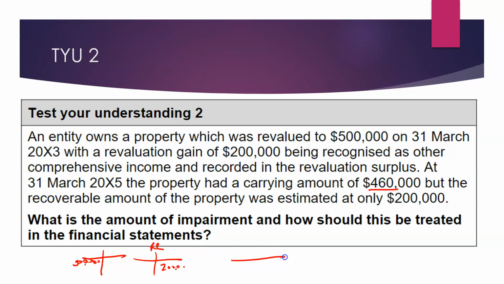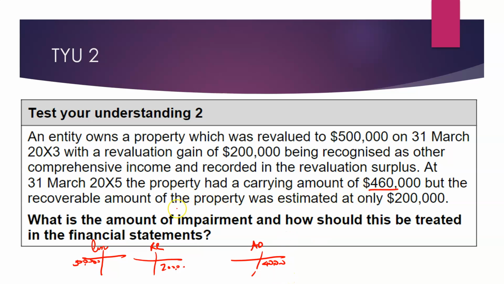So that means that so far it has accumulated depreciation of 40 grand over these 2 years. All I just need to know, I'm satisfied that at a cost of 500,000 and accumulated depreciation of 40, the net book value is 460.